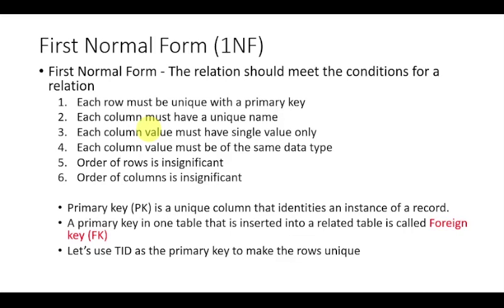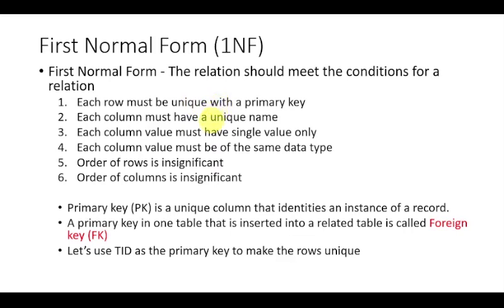In fact, there are usually 6 conditions, but they mostly deal with atomicity and having a primary key. You should have a key element that will identify an entire row, and then you also have atomic values in each of those columns. So first and foremost, we say that each row must be unique with a primary key.